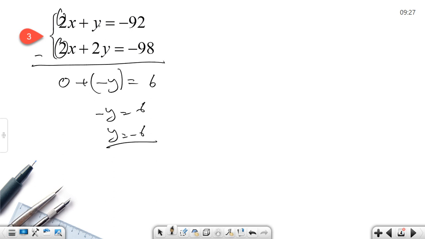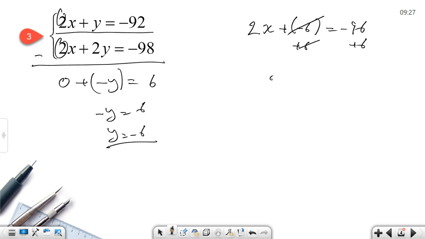I found the y value, so I can find the x value by using the first or second equation, it doesn't matter. 2 times x plus minus 6 equals minus 92. So plus 6, that cancels. 2x equals minus 86, divided by 2, x equals negative 43. That's another method. As you see, it's easier when you know how to add two linear equations and cancel one of the variables.